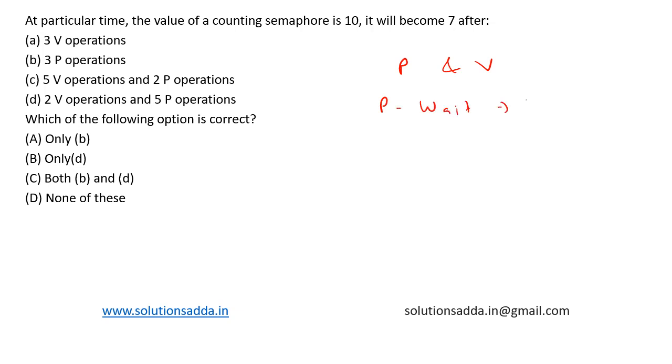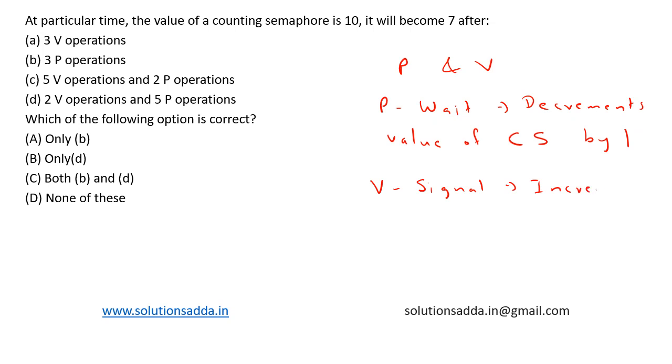It decrements the value of the counting semaphore, let's denote it as CS, by 1. And V means signal. It increments the value of the counting semaphore by 1. So this is the basic concept.